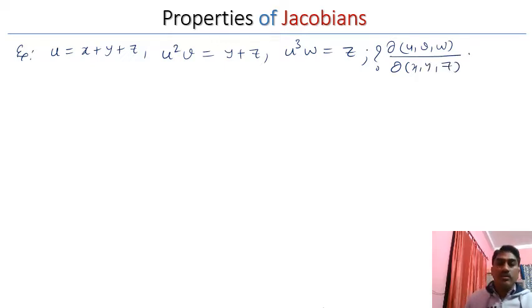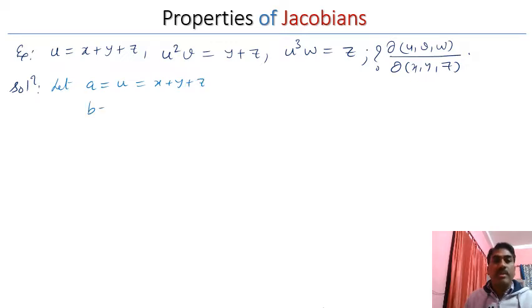So here you should observe that we don't have an explicit function of u, v, w as a function of xyz, or an explicit function of xyz as a function of u, v, w. So what we do is that we assign new names. Let a be equal to u is equal to x plus y plus z.